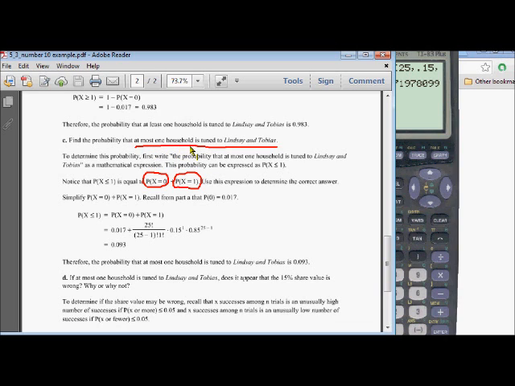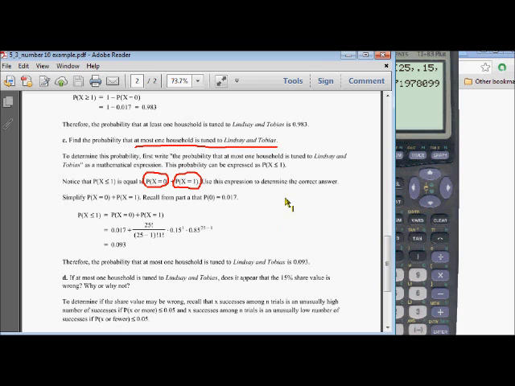So you're going to use 0 households right here, or 1 household. If this would have said at most 5 households, you'd have to be doing x equals 0, x equals 1, x equals 2, x equals 3, etc. until you got to 5.